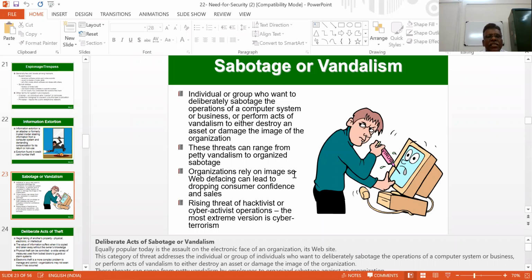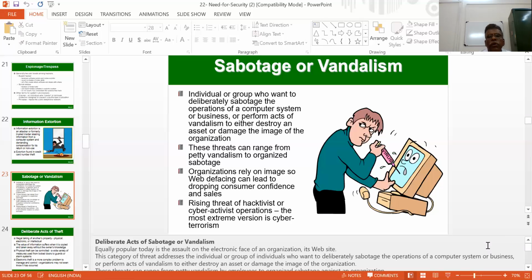They can easily destroy assets and damage the whole image of the organization. These threats can range from one level to another. One group may be selective members who carry out sabotage. We can say sabotage, vandalism.